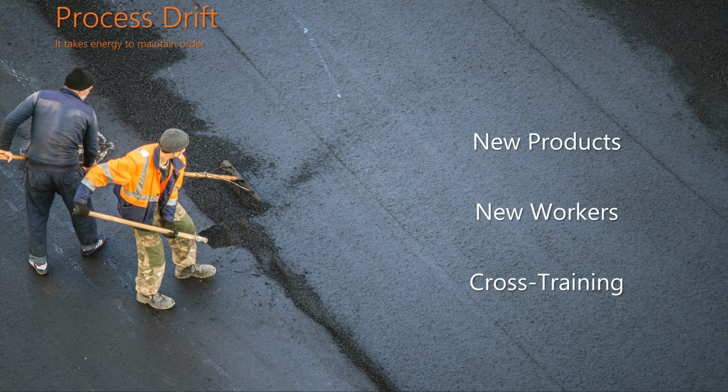This means it takes energy to keep the work instructions up to date or to train people to do the work properly. It should be an expectation for any process that time should be reserved to both maintain and train to avoid these issues.